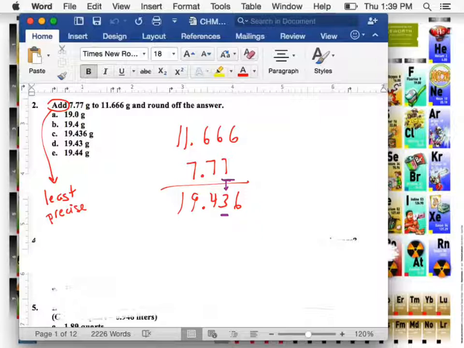Which means my number must become 19.43. Here's where the rounding now comes into play. The first insignificant digit is 5 or larger, so I must add 1, and it becomes 19.44. And the answer is E.